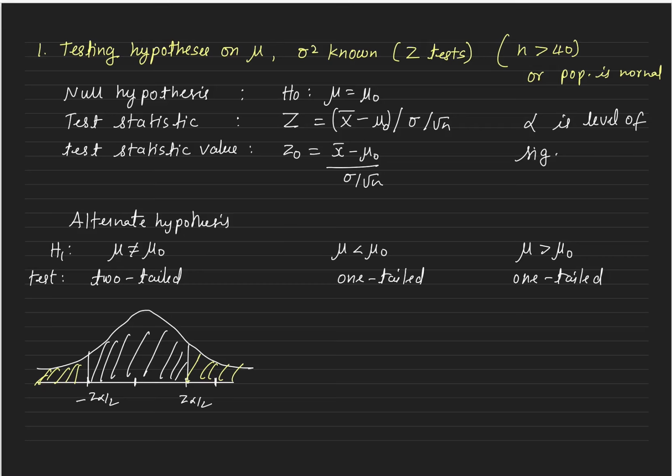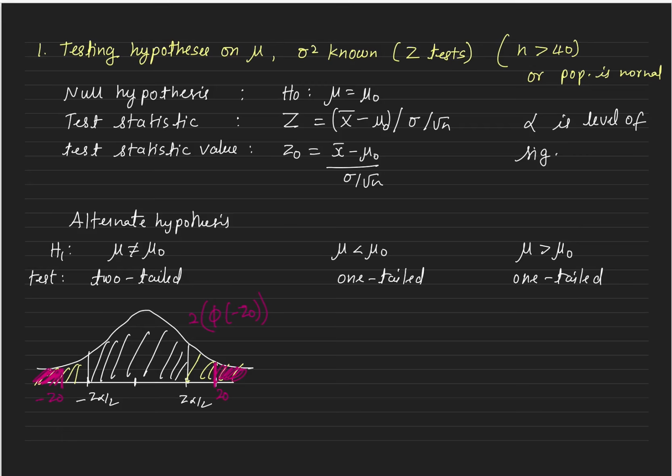If this is Z naught, the p-value is this area plus this area. We can say that p-value is 2 times phi of minus Z. This area into 2 gives this area plus this area.